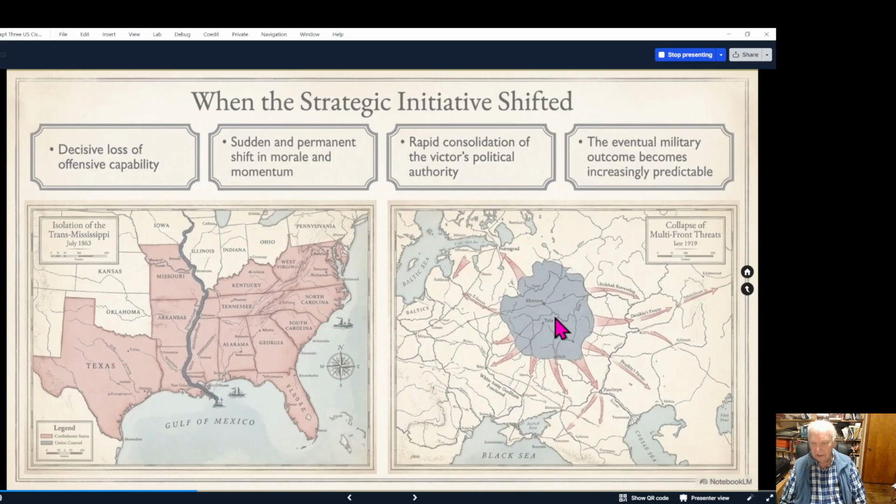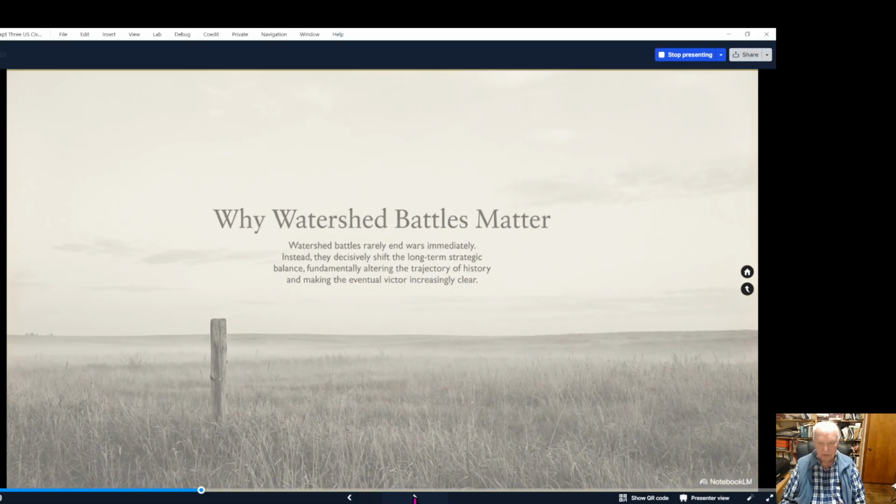And here you see the Bolsheviks having their center here at Moscow, and their ability to move against these white forces coming at them from so many different directions. And that will be powerful. And the tale, as we've already said, watershed battles don't mean that war is over. It's kind of like Churchill's famous phrase.